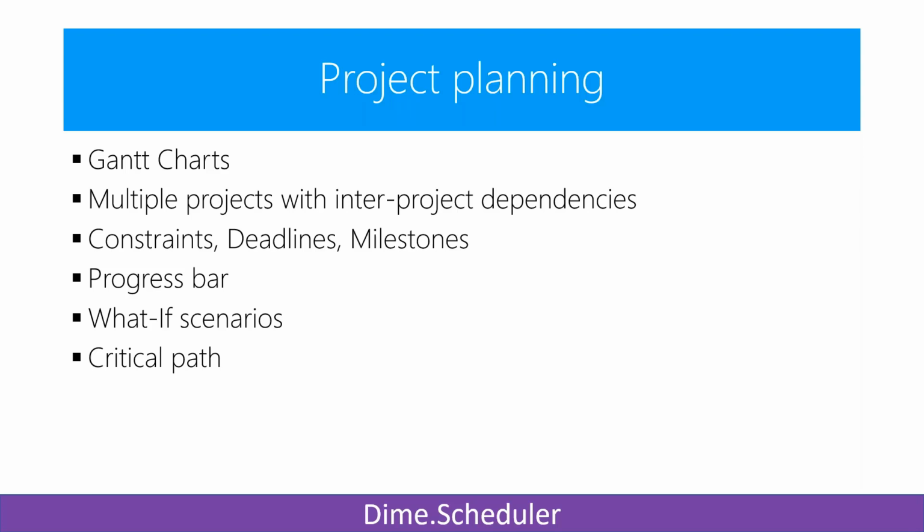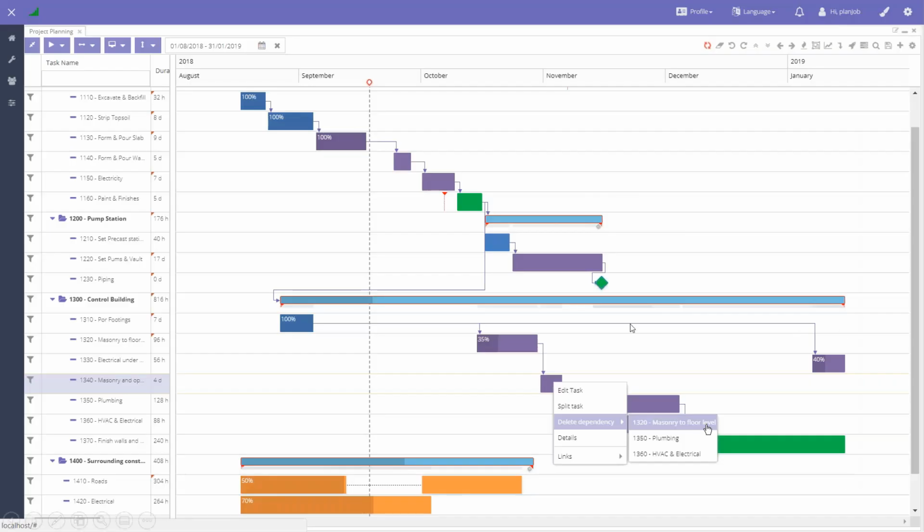You can also run what-if scenarios if wanted, and also highlight a critical path to see what kind of bottlenecks you may have, or what critical phases of the project you cannot postpone, because that would impact the final delivery day of your project. So that would be a typical view that you may know from Microsoft Project, for example, where you have all these dependencies clearly set. You have your progress bar, and you can see the status as of today.